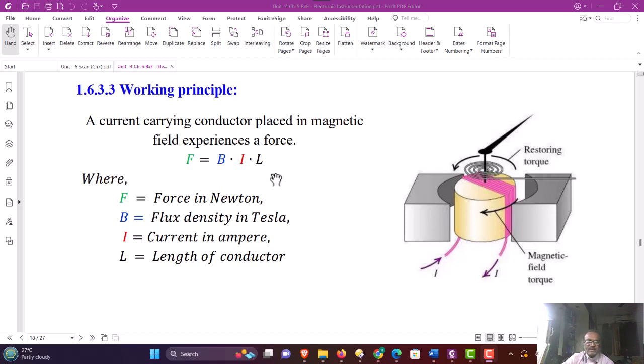Flux density B and the length of the coil L are fixed because once the instrument is designed, these two are physical parameters. Therefore from this equation we can understand that the deflection force F is proportional to I.